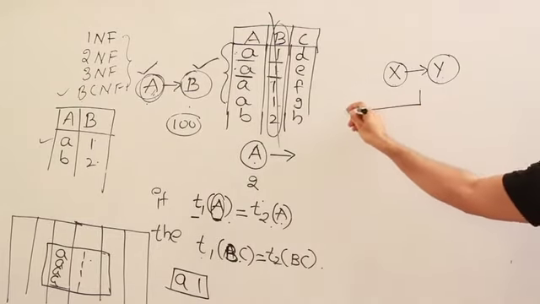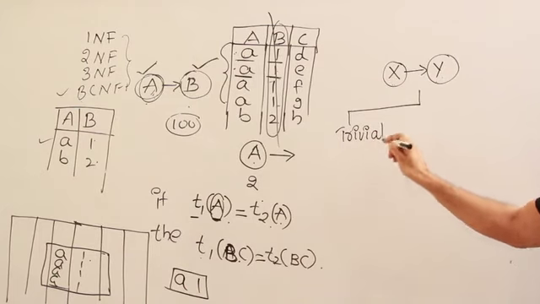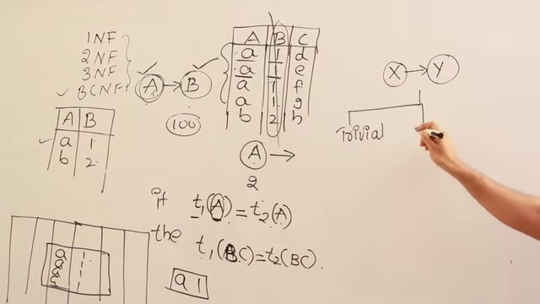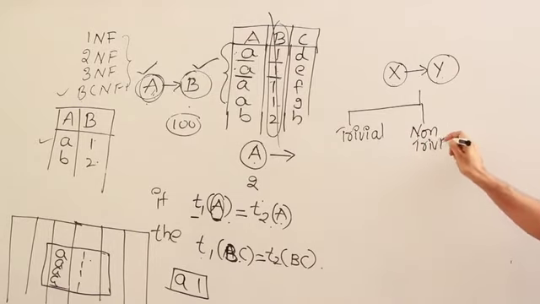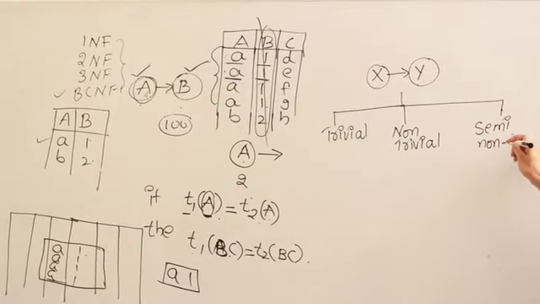One is called trivial functional dependency, and non-trivial functional dependencies, right? And the other one is semi non-trivial.